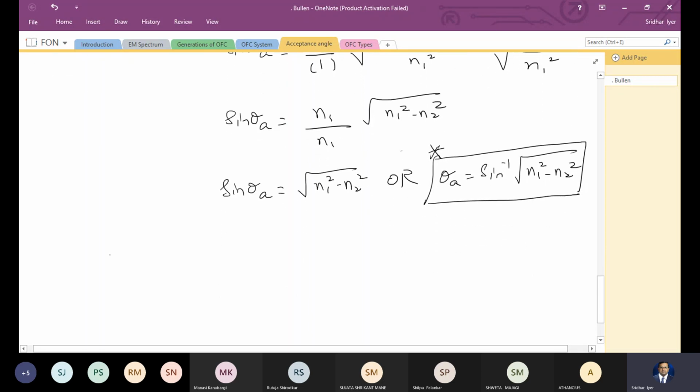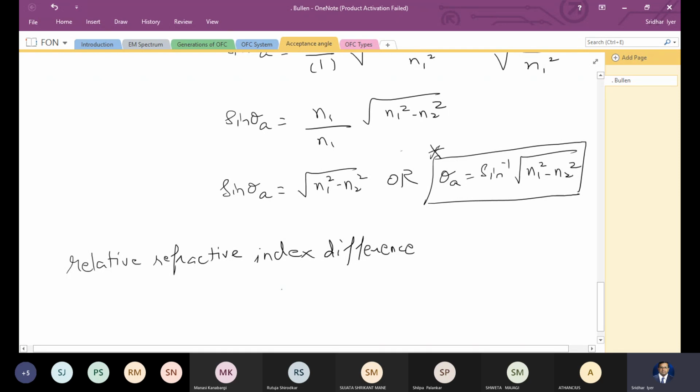Okay, so we could do a little bit more mathematics here. We can define what is known as a relative refractive index difference.